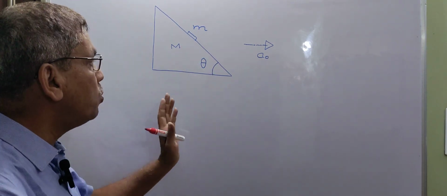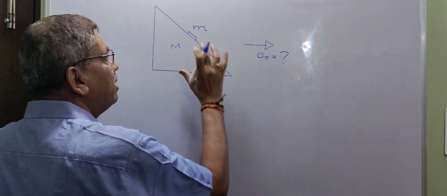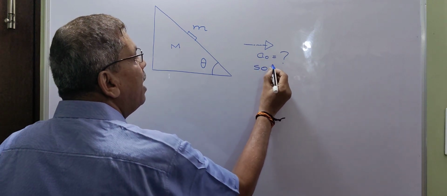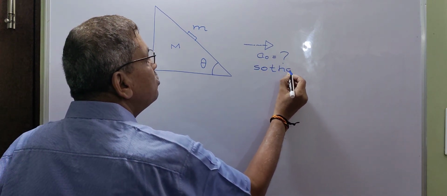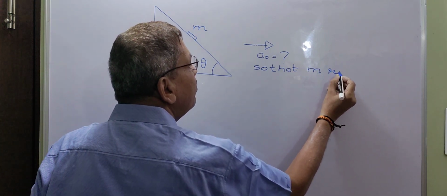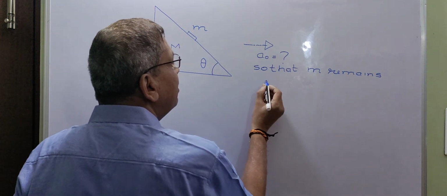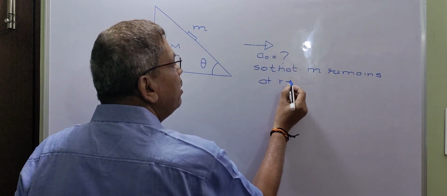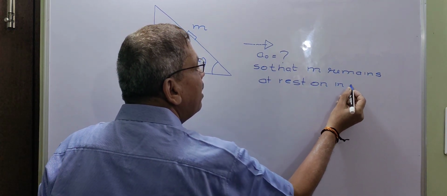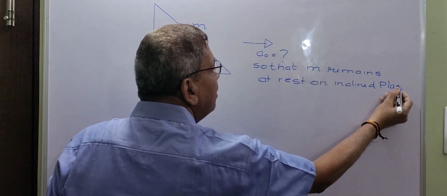What is the question? The question is what should be A0 in the rightward direction of this wedge so that the smaller block, mass m, remains at rest on the inclined plane. This is the question.